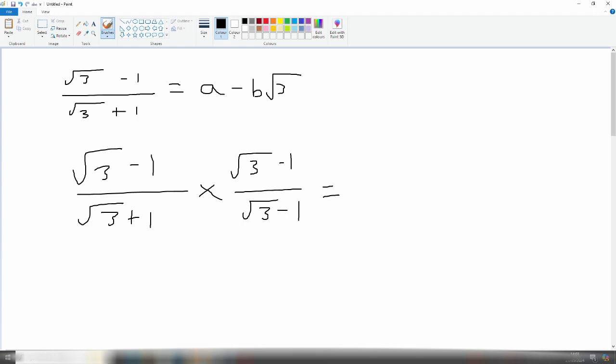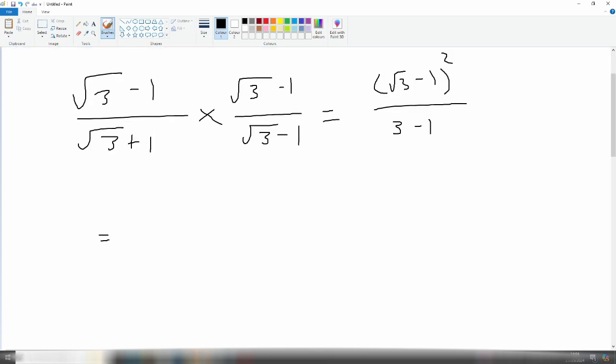And that comes to root 3 minus 1 all squared, divided by, and this is a difference of two squares, so it's just going to be 3 minus 1.